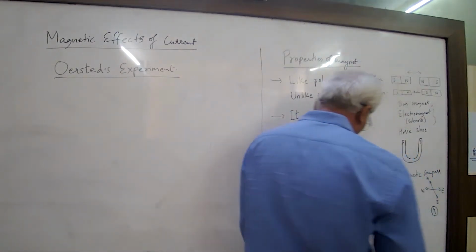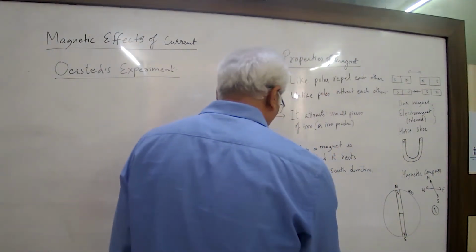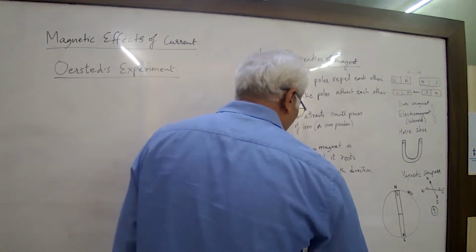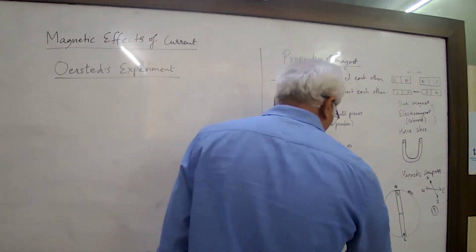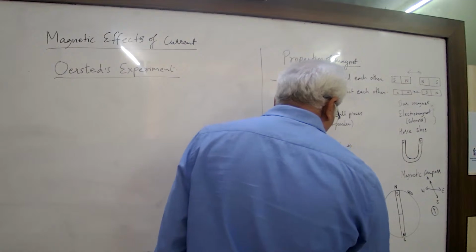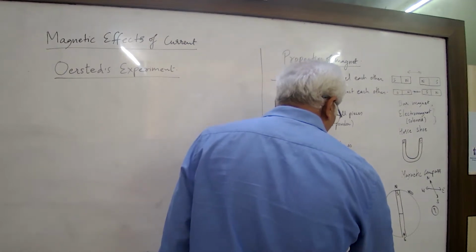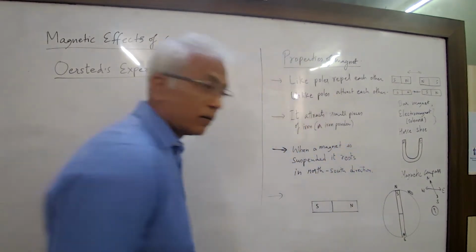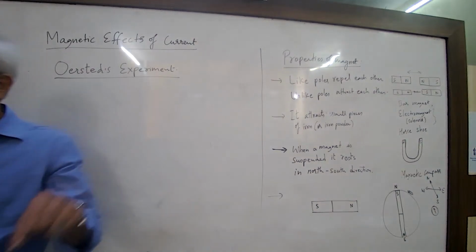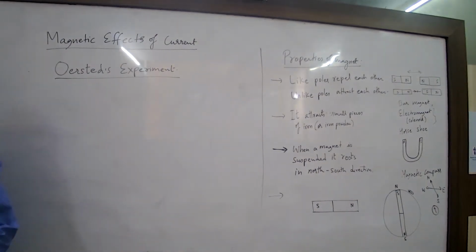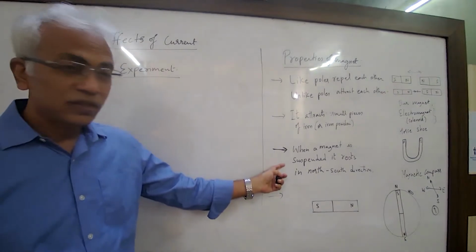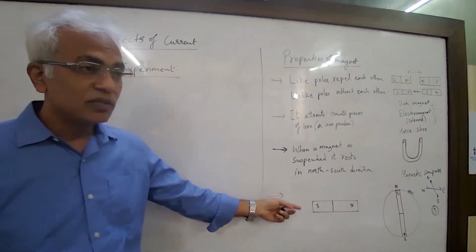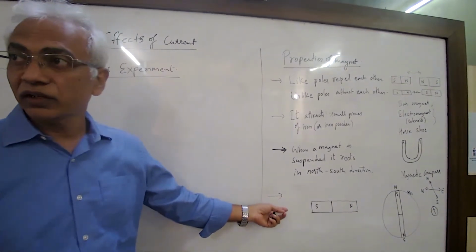So then there is one more property of the magnetic field of the magnet. Suppose you have a bar magnet, right? In a region around the bar magnet, any iron piece will experience a force of attraction towards the magnet.